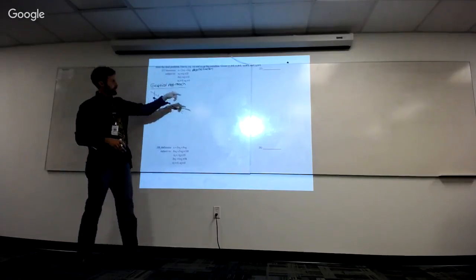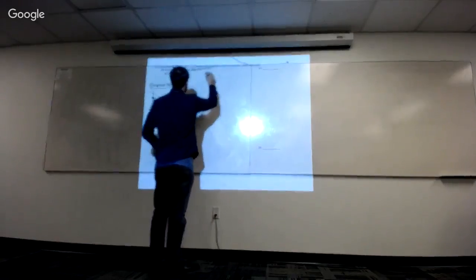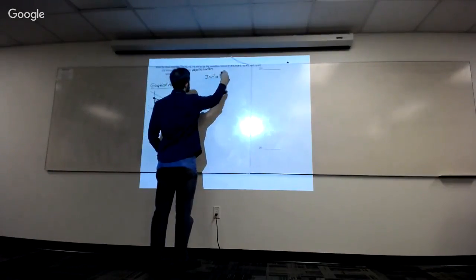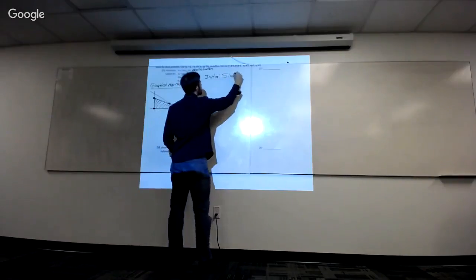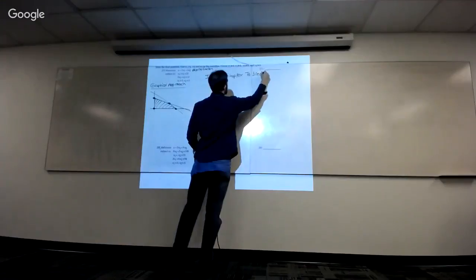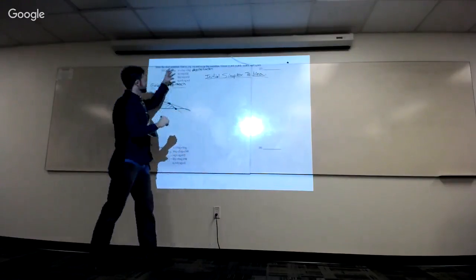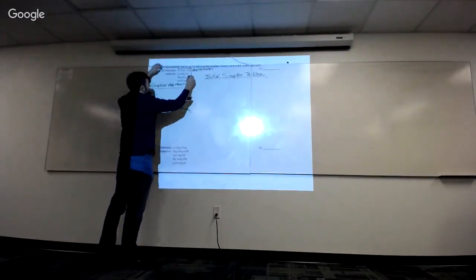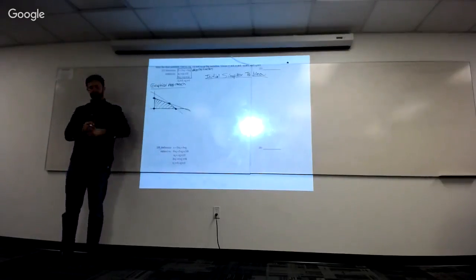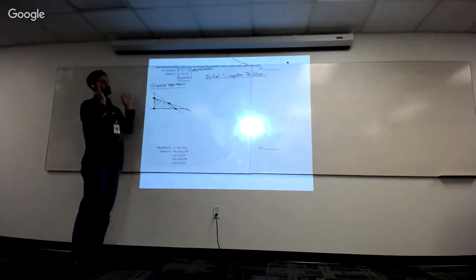So the other approach is to use this idea of the initial simplex tableau. And that means take all this information right here, just the objective function and the constraints. You don't need to bother with the x is greater than 0 and the y is greater than 0. And you want to put that all into one matrix.